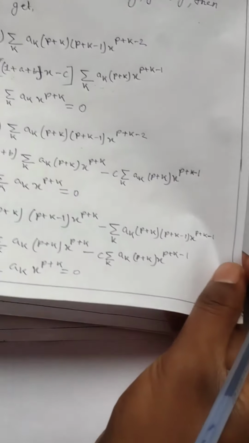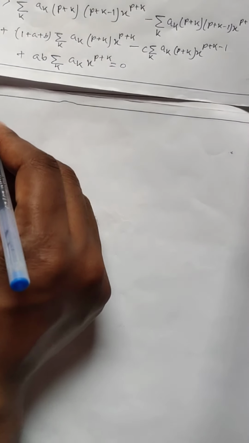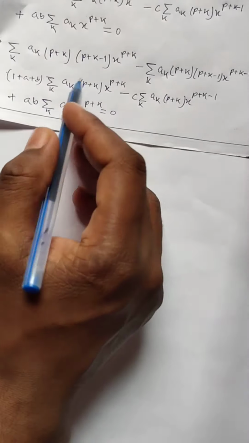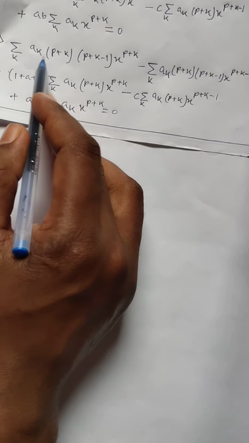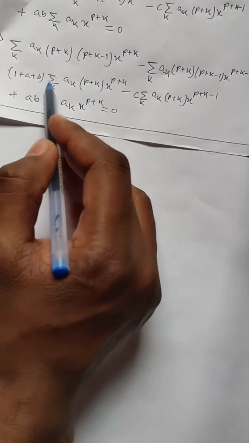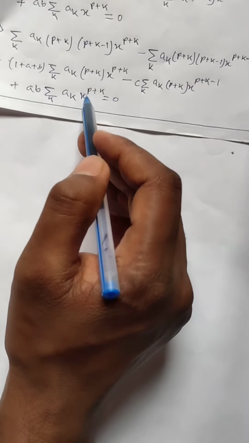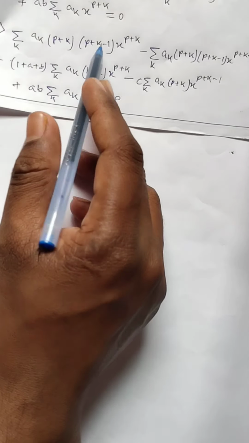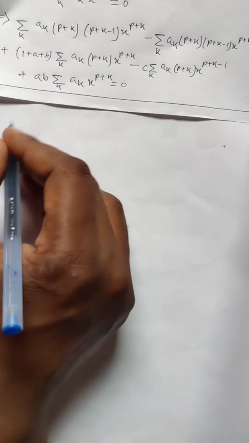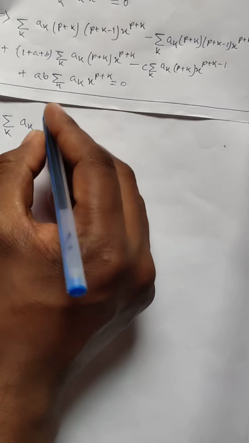Let's go to another page. Therefore we may write here the coefficient of x to the power p plus k, and here the coefficient of x to the power p plus k, and here also x to the power p plus k. So these three terms we will write together, then we get the summation over k of a_k.